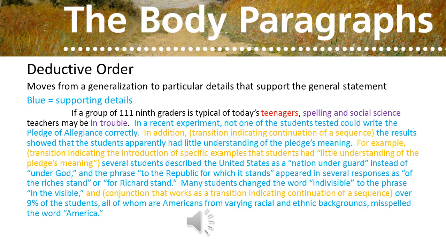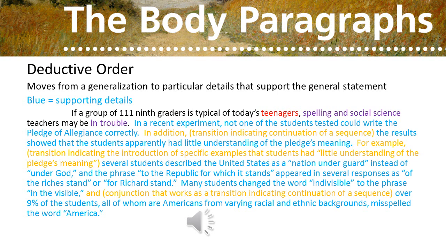In addition, now here we have our first transition, which indicates the continuation of the sequence. This is something that you will be using if you are engaged in deductive order. The results showed that the students apparently had little understanding of the pledge's meaning. For example, here we go. Your first essay is going to be an exemplification essay, so when you introduce an example in your paragraph, that's what you need to do.